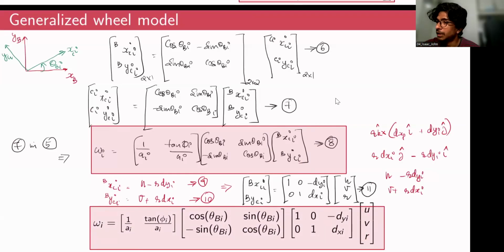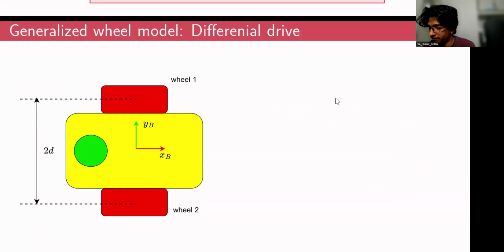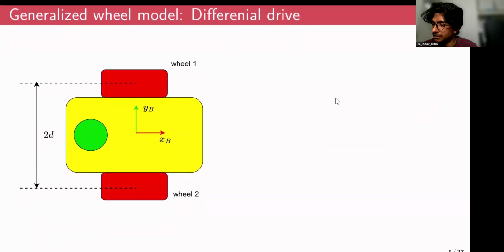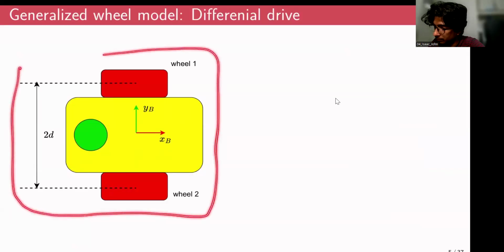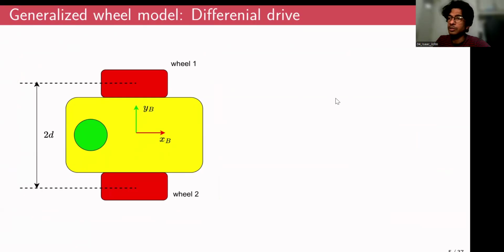So we can basically do one thing. We have plenty of use cases, like what we have defined using this figure. This is nothing but a differential wheel drive. It's a very simple configuration. It only has two driven wheels. So I'll label this as the first wheel and this the second wheel.